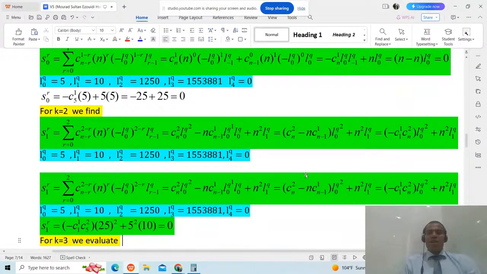This one is called the discrete formula when k equals 2.